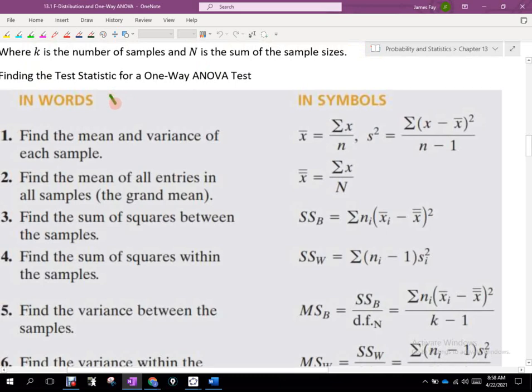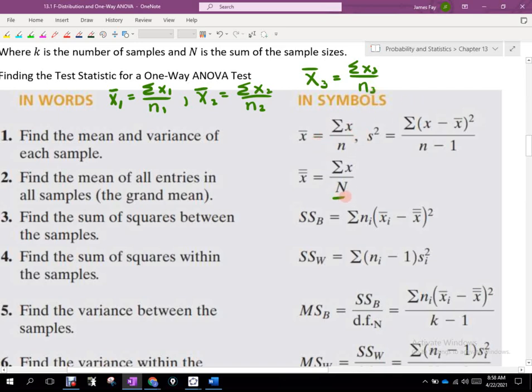The mean of sample 1 would be the sum of the objects in sample 1 divided by the size of sample 1, right? The mean of sample 2 would be the sum of the objects in sample 2 divided by the sample size of sample 2. Sample mean 3 is the same idea: the objects in sample 3 added together divided by the size of sample 3.